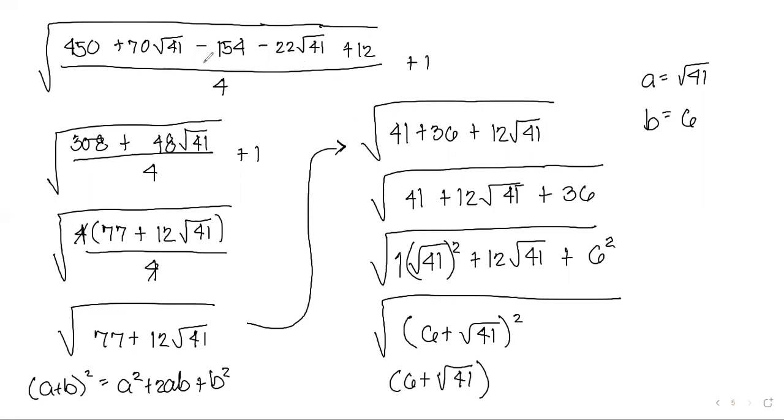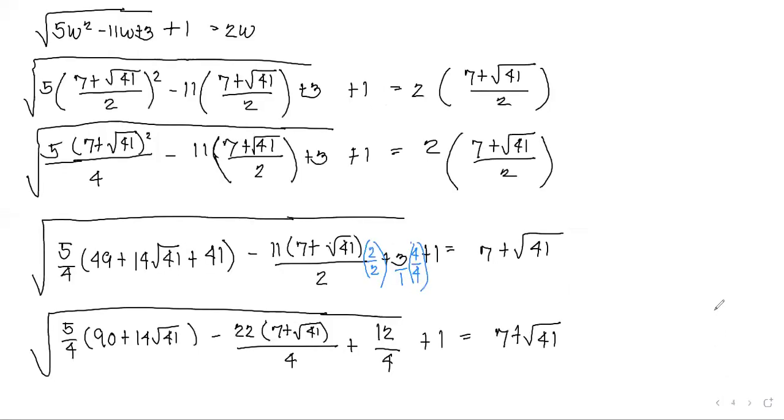Ito is square root of, square root of 41 plus 6. And plus 1, that is square root of 41 plus 7. Diba? So, tama siya. Square root of 41 plus 6 plus 1, that is 7. That is equal to 7 plus the square root of 41. And so, true siya. What about yung isa?